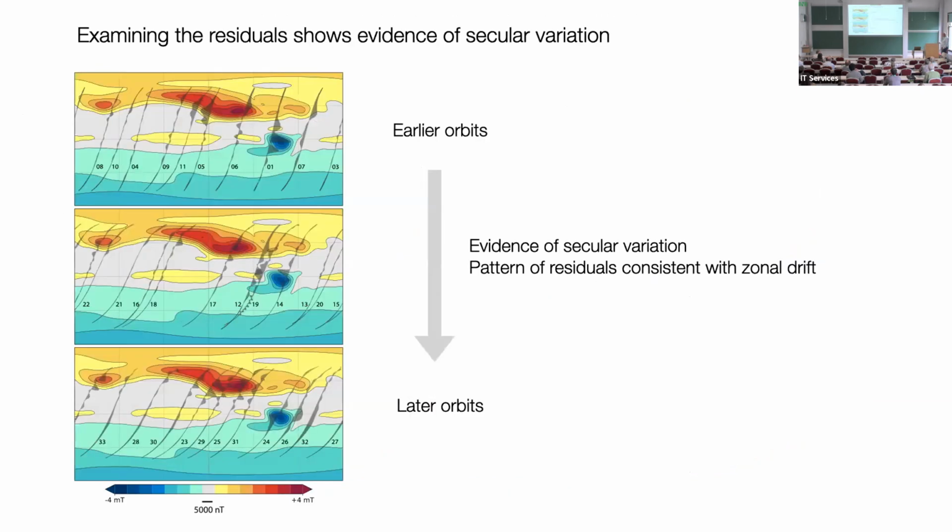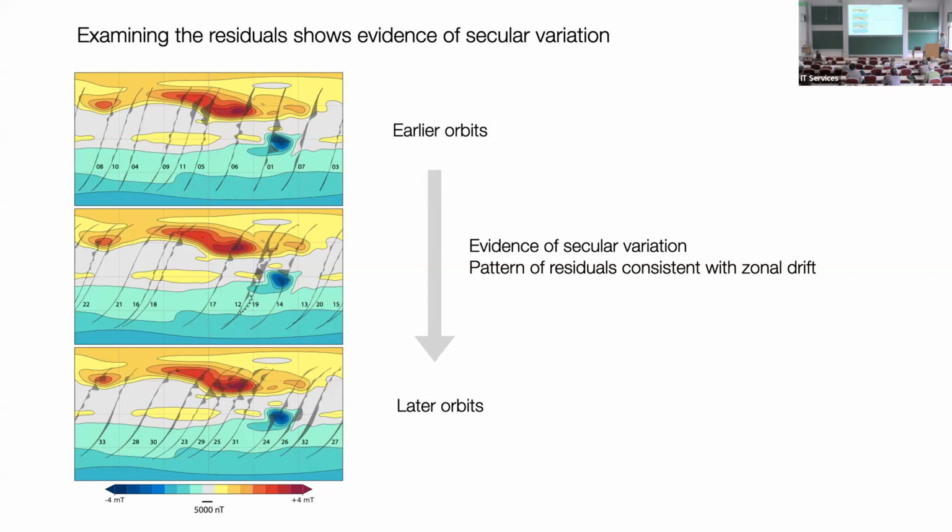Now, if we look at the actual residuals to the data, we can see some evidence of the field drifting towards the east. What I'm doing here is plotting the residuals after fitting a model to the data. And if the residuals are of one sign, they're off to one side of the track, as they are here. And if they're of the other sign, they're off to the other side of the track.